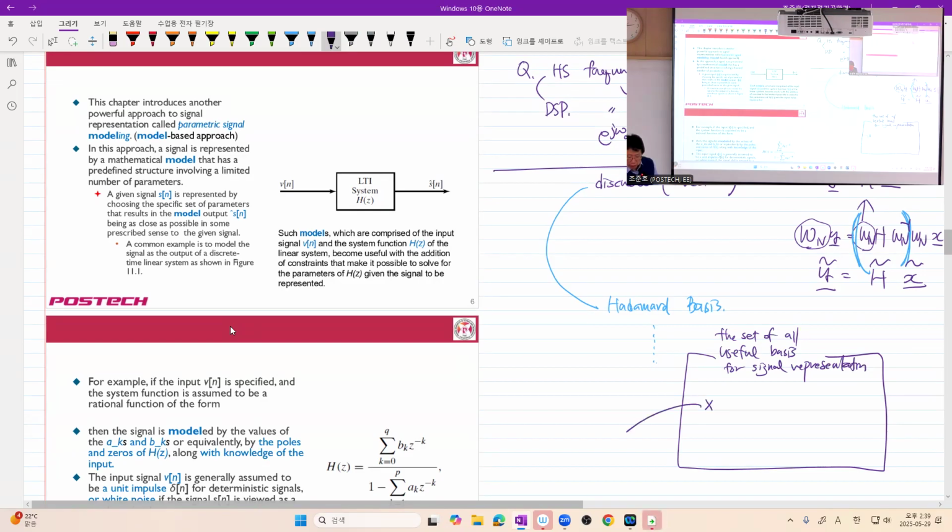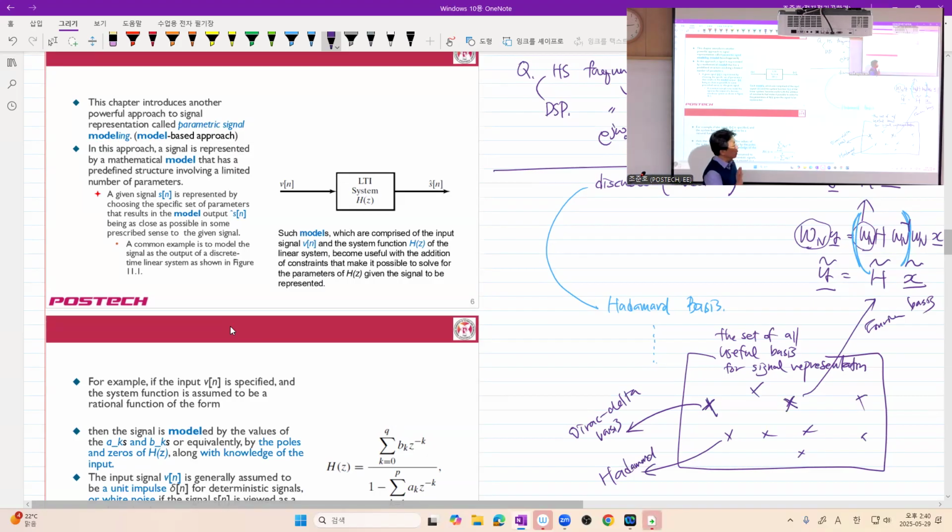And here goes the shifting property based, which means the direct delta basis, and this is the Fourier basis, and this is Hadamard, and a lot of others. Got it? You've just seen this and that. So never forget that what you've learned is a part of this big set.